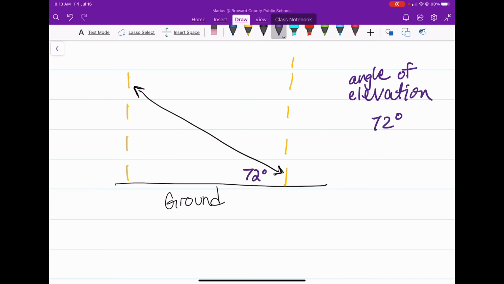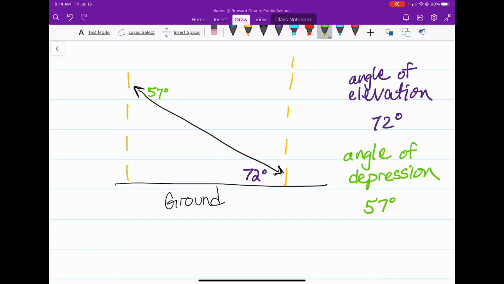However, if we had an angle of depression, where you're looking down from top to bottom, let's say the angle of depression was 57 degrees, that angle would go here, not on the inside.